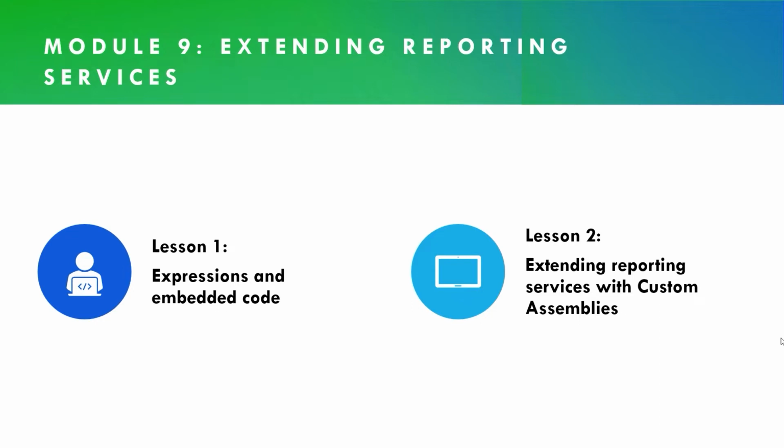You don't need to know Visual Basic, as I will walk you through two separate short code blocks. So in this module, we have two lessons. The first lesson is about expressions and embedded code, and the second lesson will get into custom assemblies.